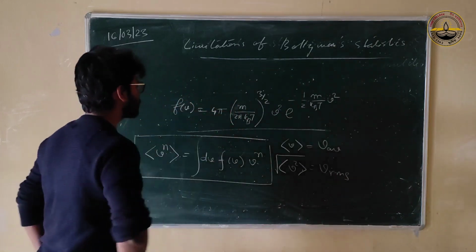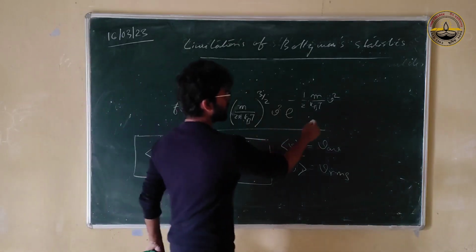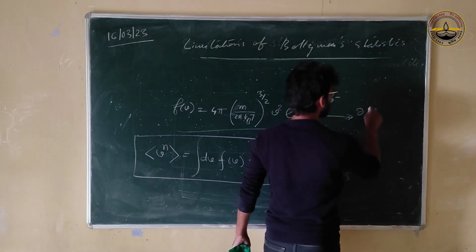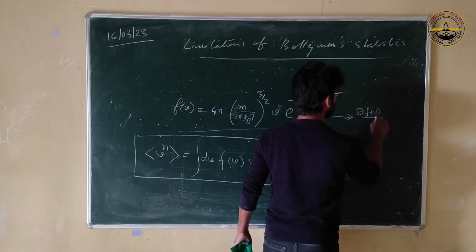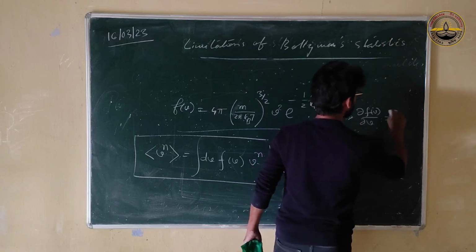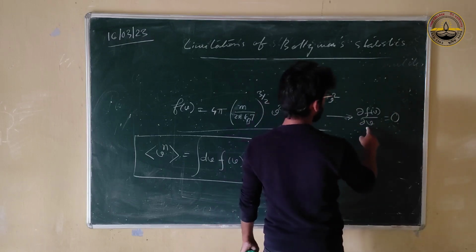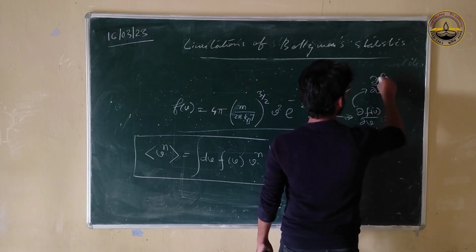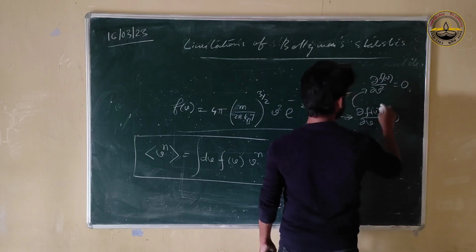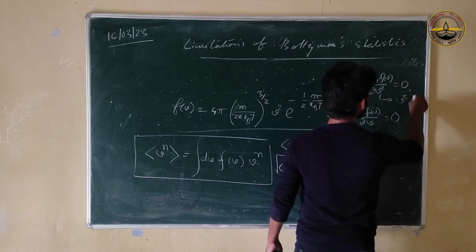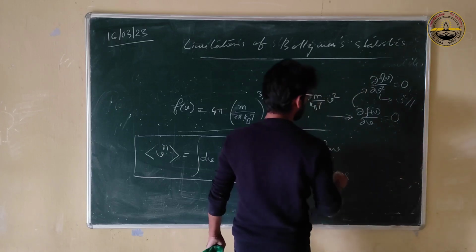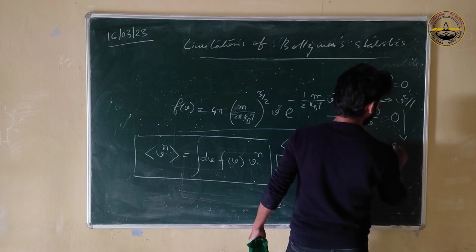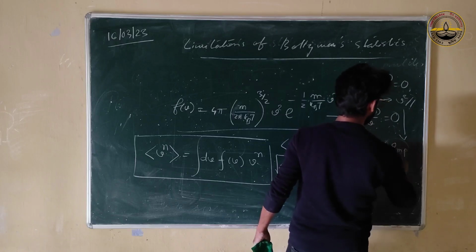And then the most probable will be found by taking when the probability becomes maximum, so del f over del v equal to 0. Probably it will be easier if you just do del over del v of v squared f(v) equal to 0. Find that particular v, and that will correspond to the most probable.